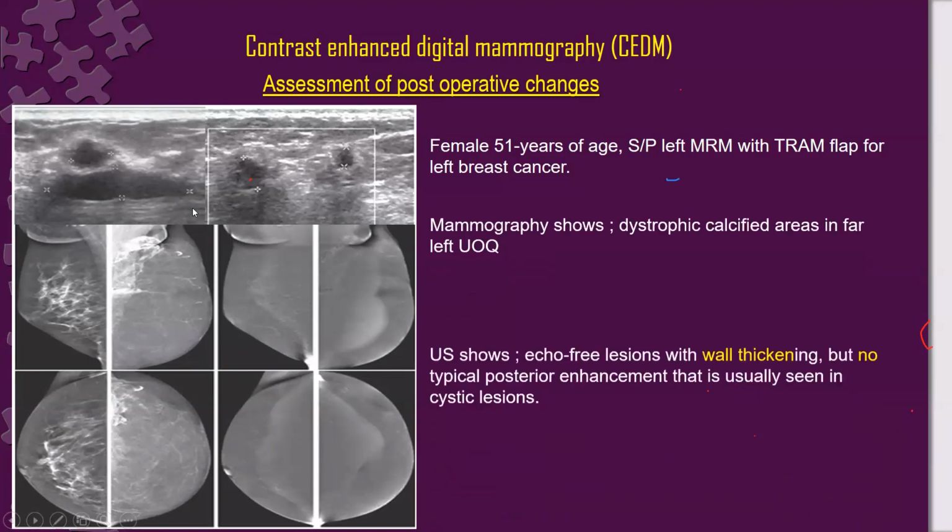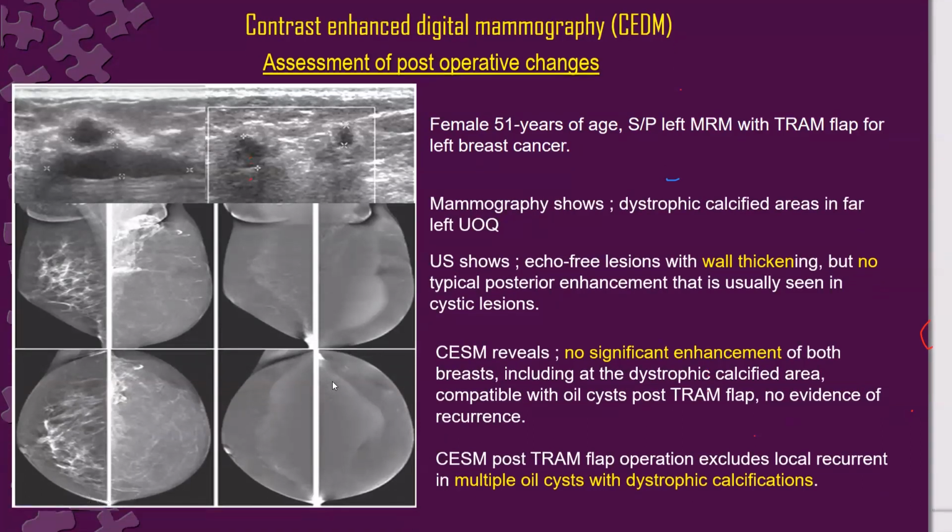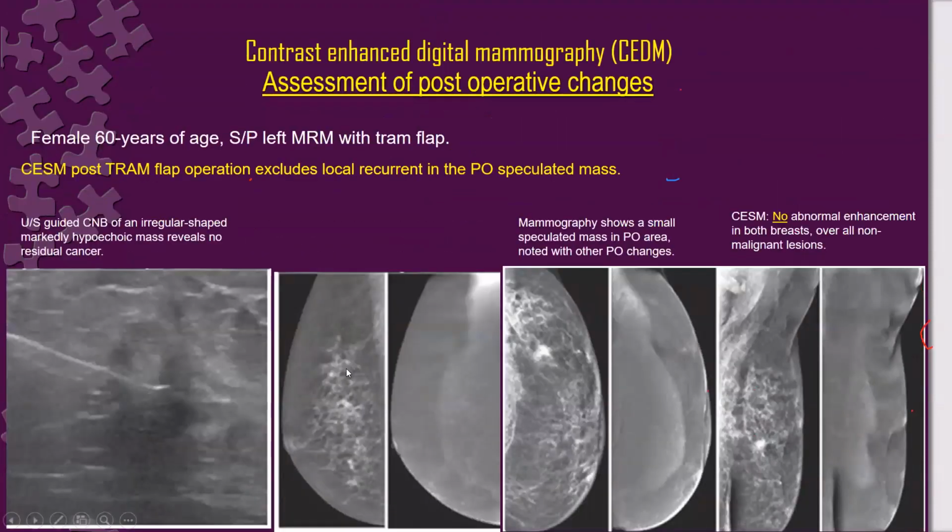So based on that, they proceeded for contrast study, which revealed no enhancement, and surgery revealed oil cyst with dystrophic calcifications. So this is a fat necrosis.